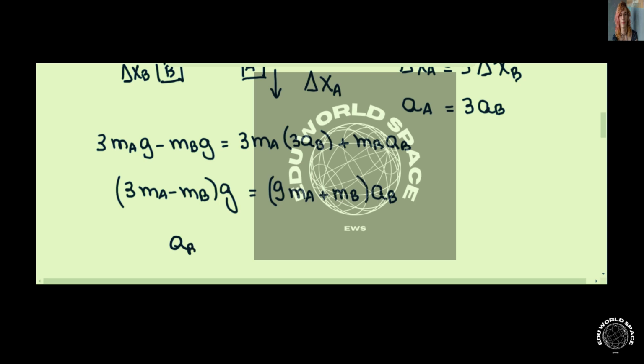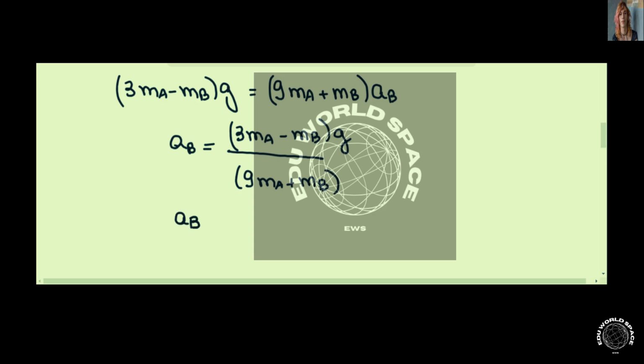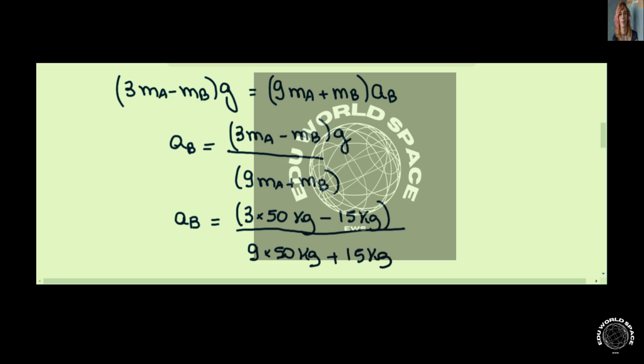So AB is 3 MA minus MB times g divided by 9 MA plus MB. So AB is equal to 3 times MA, where MA is 50 kilograms, minus MB, which is 15 kilograms, divided by 9 times 50 kilograms plus 15 kilograms, times 9.8 meters per second squared.